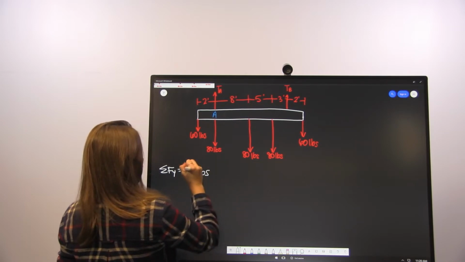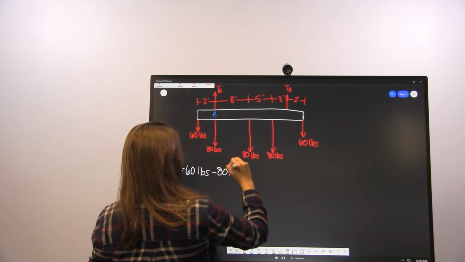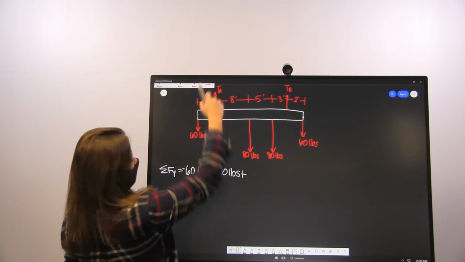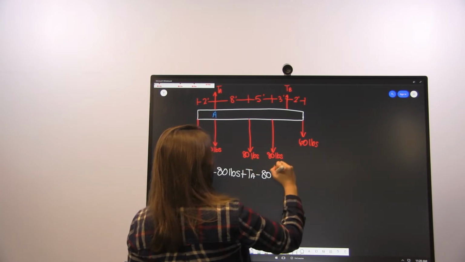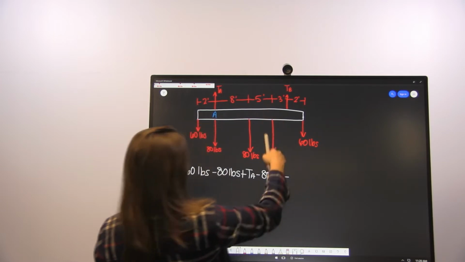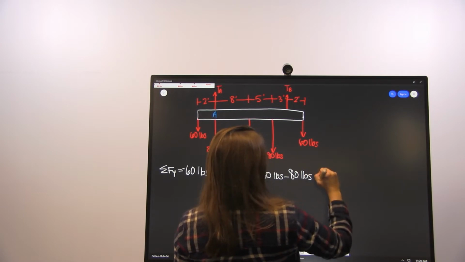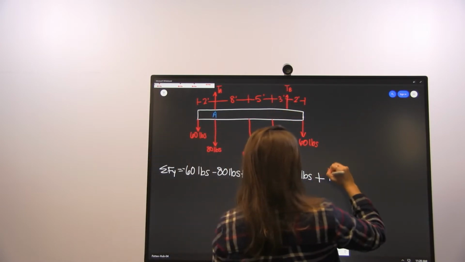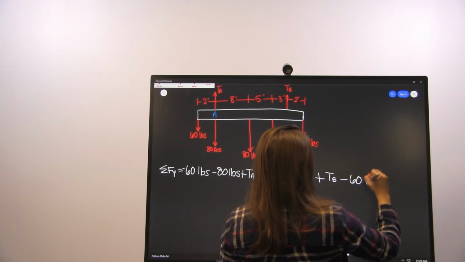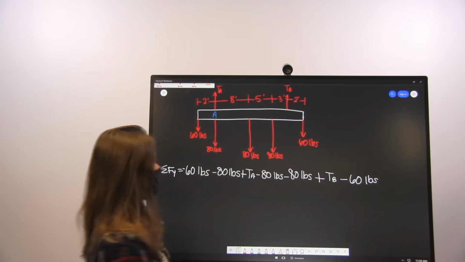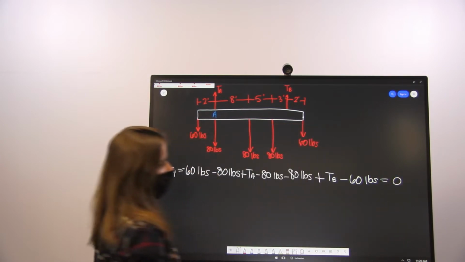It's going to be negative because it's pointing down, and then minus 80 pounds because it's pointed down, plus tension A because it's pointed up, minus another 80 pounds right here, minus another 80 pounds, plus tension B, it's in the upward direction, minus 60 pounds, which is this at the very end because it's pointed down. And this is going to be equal to 0. There's no movement in the y direction, so we know it's going to be equal to 0.